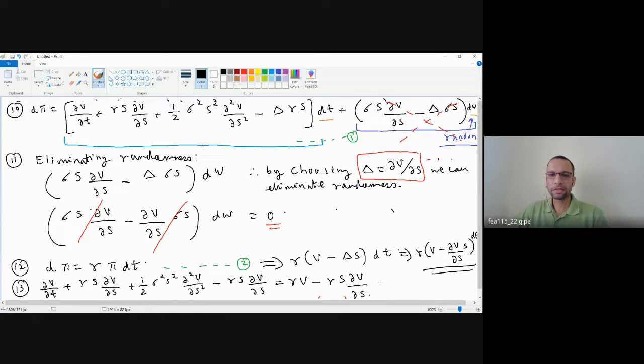Now dt's are going to cancel out anyway, but for convenience, let me just write dt and then we'll cancel them out here. So we have a common term dt on the outside. Here also we have a common term dt on the outside. So I can just cancel out dt's because they are common. Also, I would like to cancel out this because I have a minus rs dv by ds, and here also it's minus rs dv by ds. So if I move this term to the left hand side or this term to the right, either way, these last two terms are going to vanish.